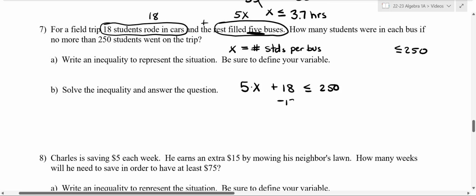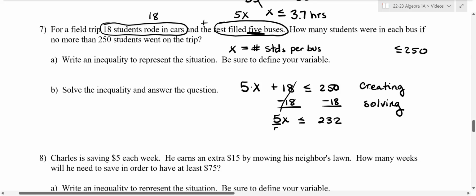Okay, so now we solve the inequality. This is the creating part, and this is the solving part. 250 minus 18 is 232. Let me double check. It's too early in the morning. It is 232.